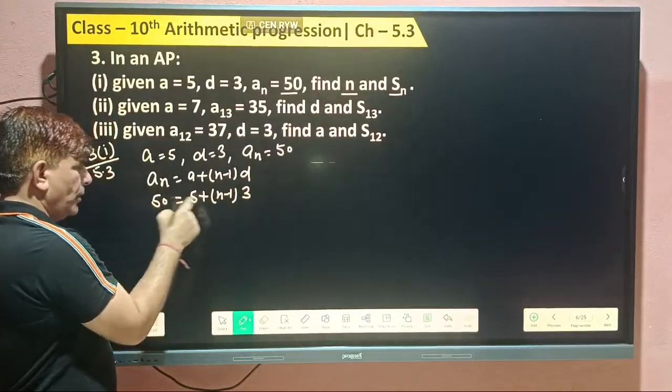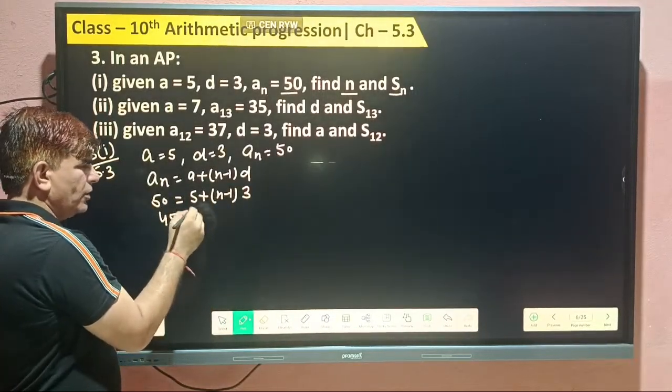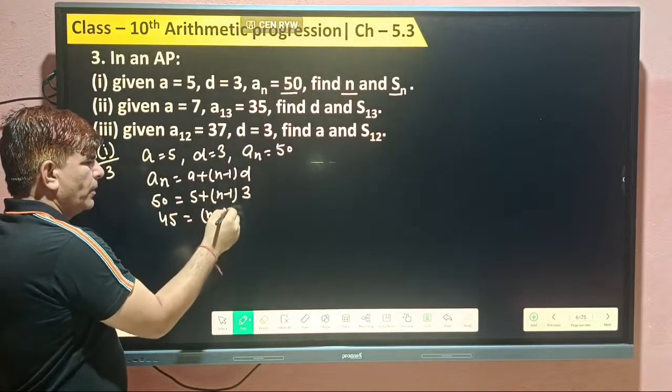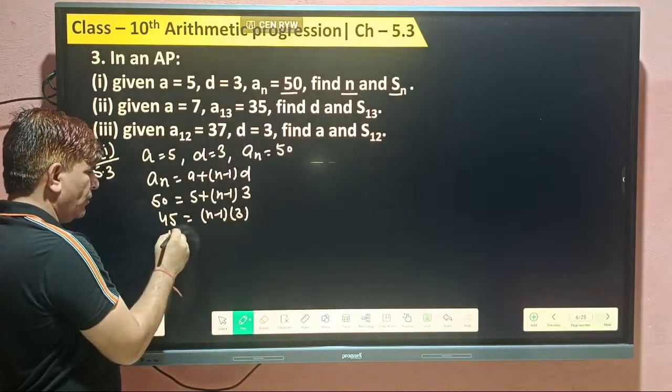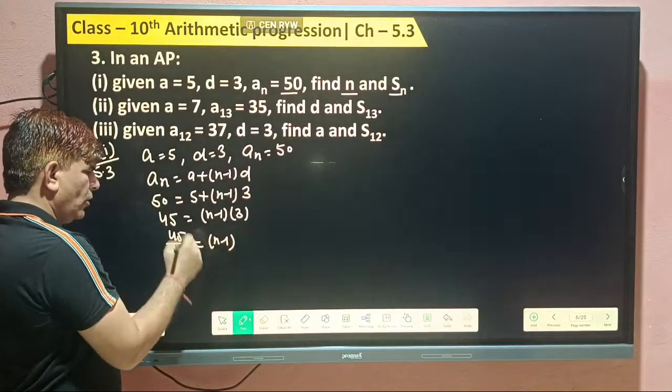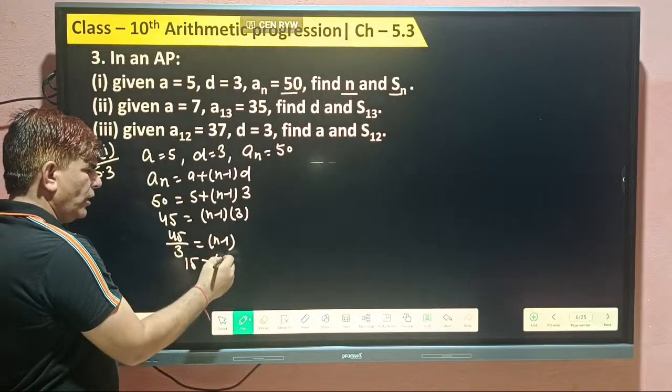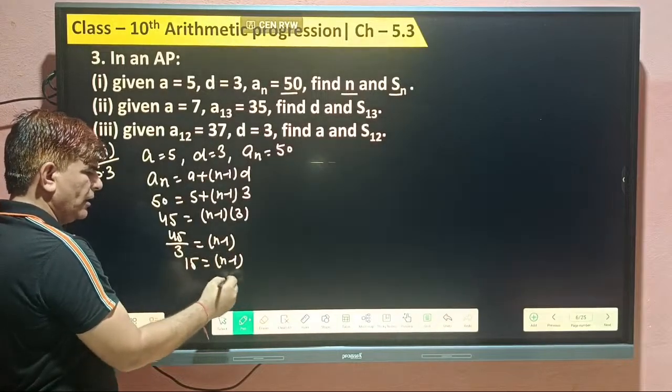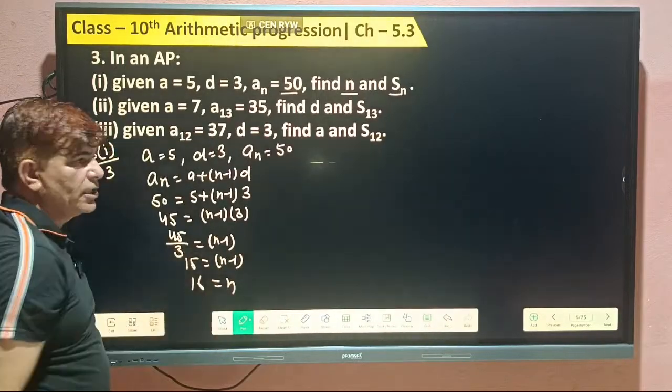Take 50 minus 5, 45. 3 bring to this side, 45 by 3 equal to N minus 1. 15 equal to N minus 1. When you open this bracket, N equal to 16.